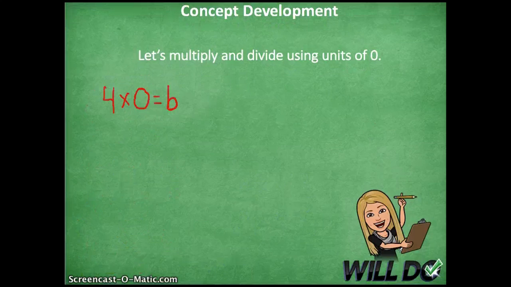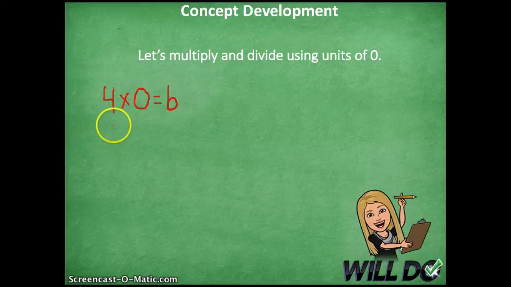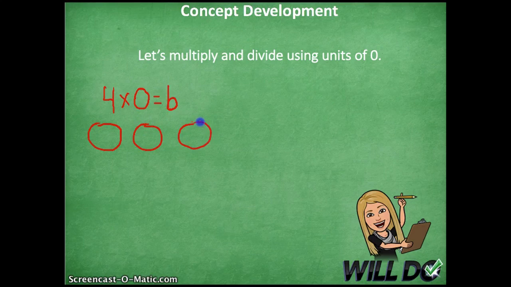Now let's multiply and divide using units of 0. What does this equation represent? Right, 4 groups of 0. Let's draw a representation of 4 groups of 0. How many dots did you draw in each group?